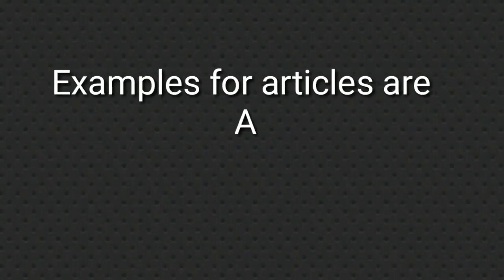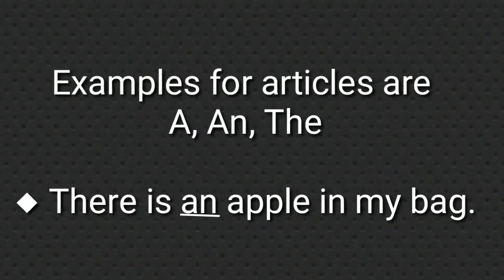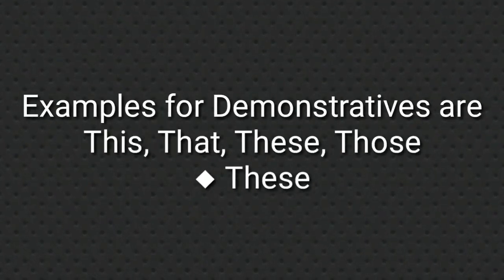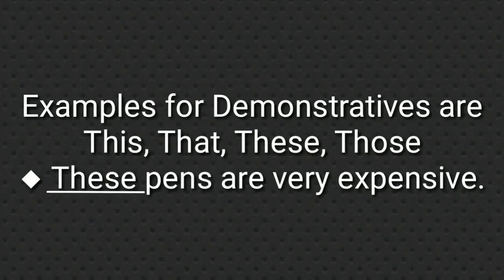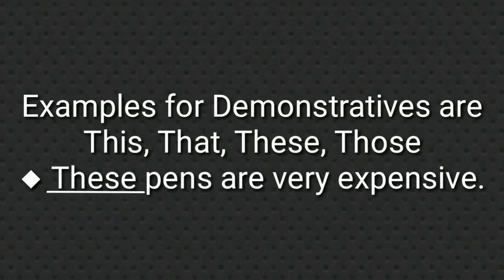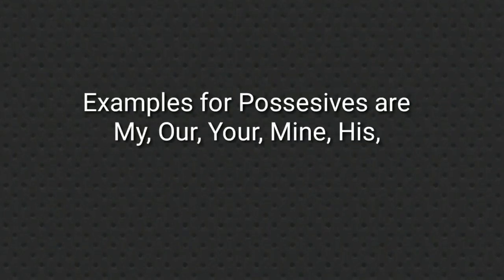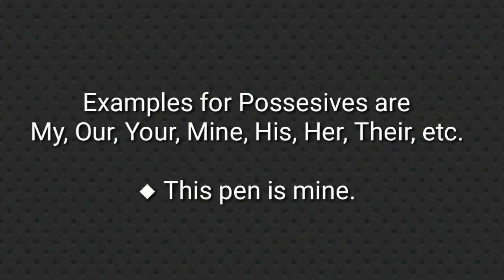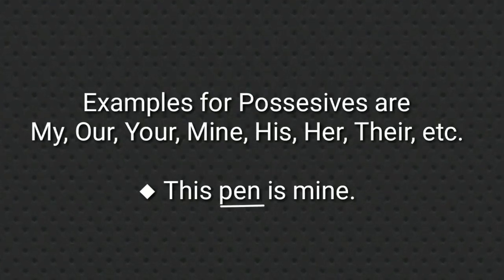Examples for articles are a and the. There is an apple in my bag. Examples for demonstratives are this, that, these, and those. These pens are very expensive. Examples for possessives are my, our, your, mine, his, her, their, etc. This pen is mine.